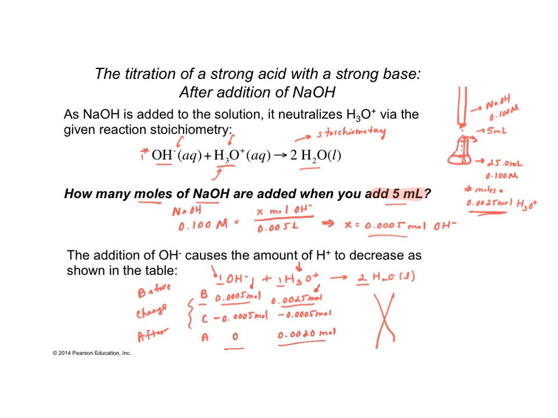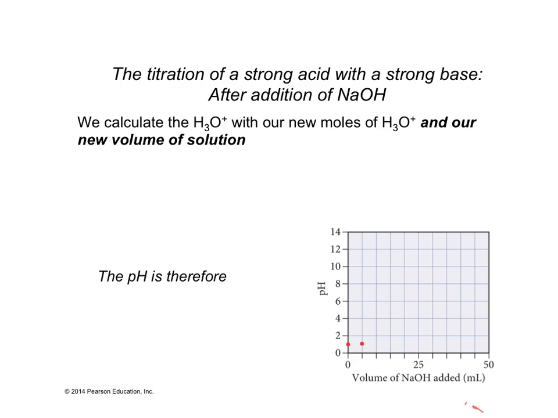Now if we want to calculate the pH of this new resultant solution, we're going to take the moles that we have left over after this reaction and calculate the pH utilizing that. So there were 0.0020 moles of H3O plus left over.